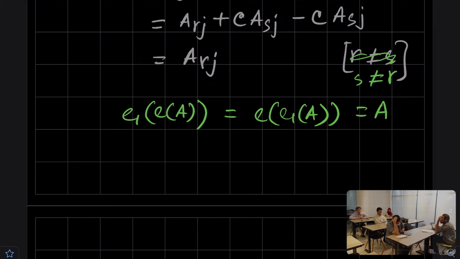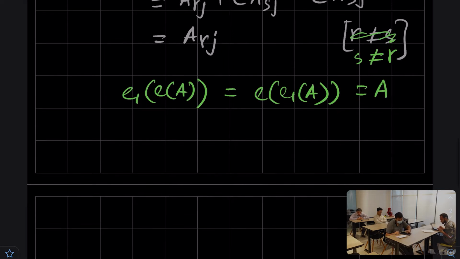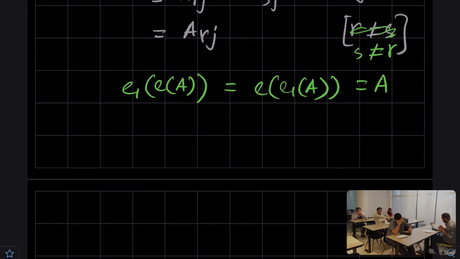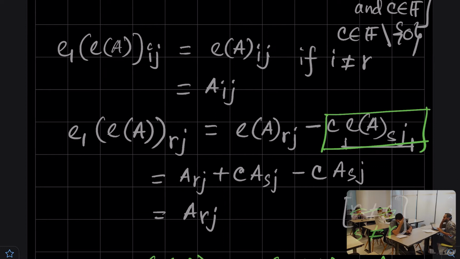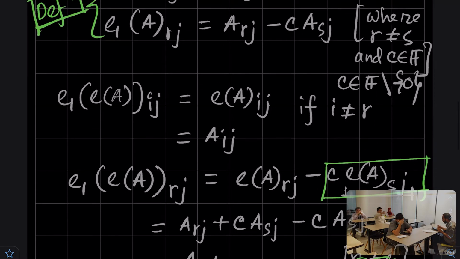Now you are first expanding the E1. You also first evaluate the innermost. Because you see there is an ij here.